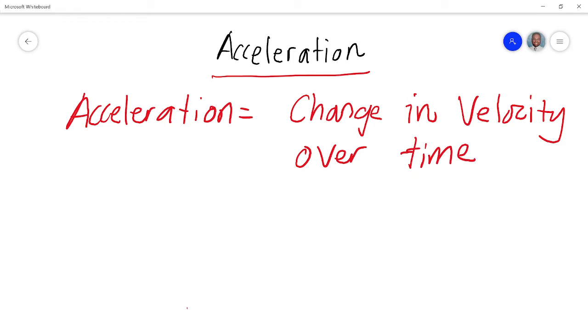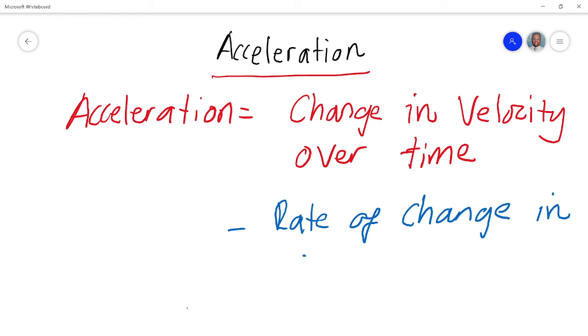Another definition would be rate of change in velocity. You can see I've made a small tweak: instead of putting over time, as in the first statement, in the second I put rate of change.